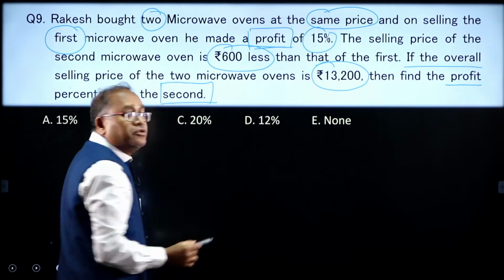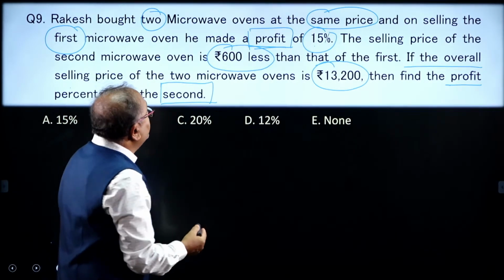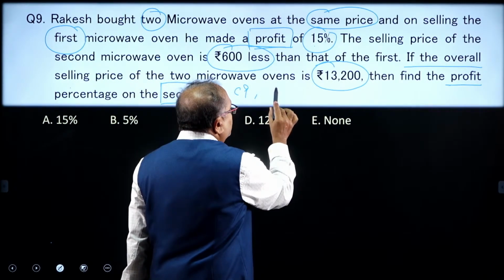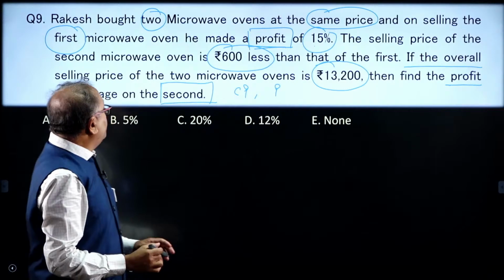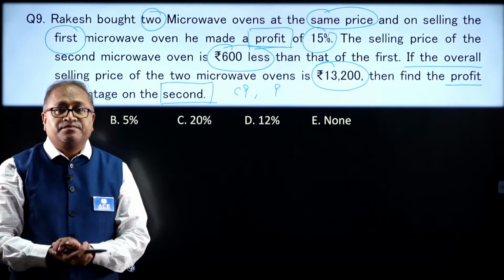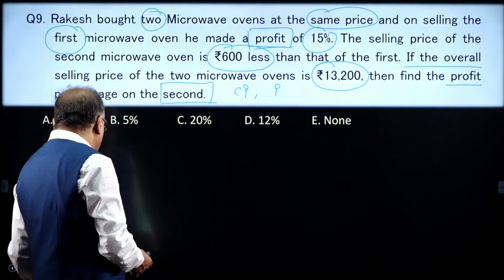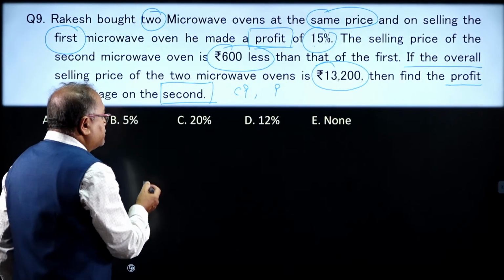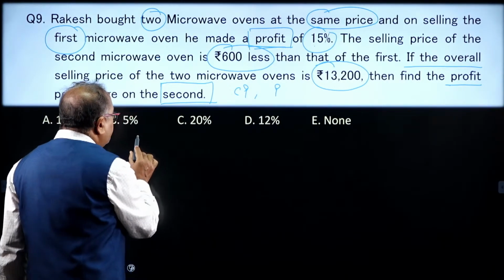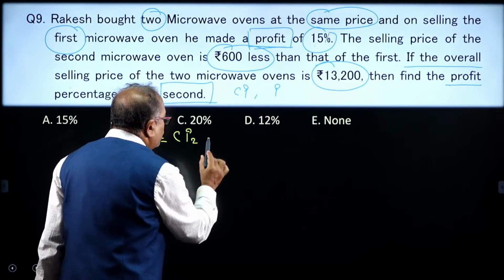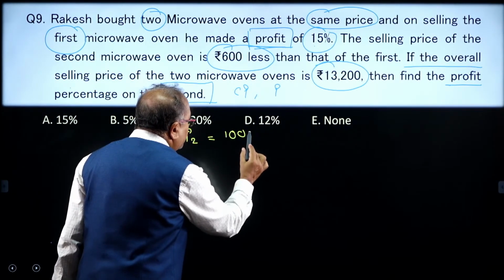In order to get the profit percentage on the second one, I need to know cost price and I need to know the profit, then only I can find out the profit percentage. I will give the start to you, my dear friends. So, let us consider that the CP1 is equal to CP2, already given to us. Let us consider that 100x.